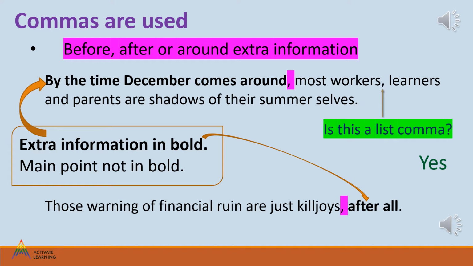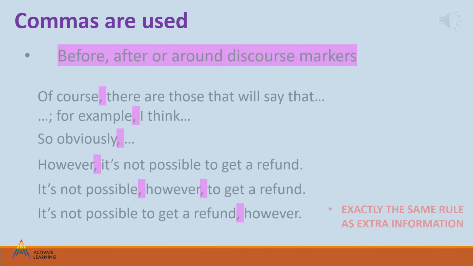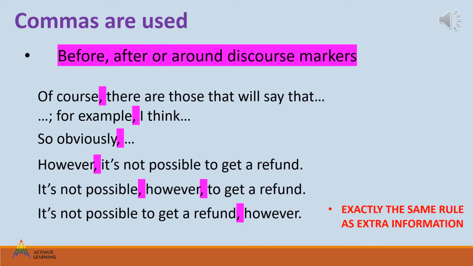The main point of the sentence is not in bold. If your discourse marker's at the beginning of the sentence, put the comma after it. If your discourse marker's in the middle of the sentence, put a comma on either end of it. If the discourse marker's at the end of the sentence, put the comma before it.